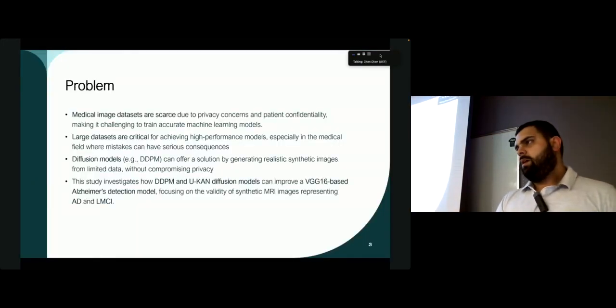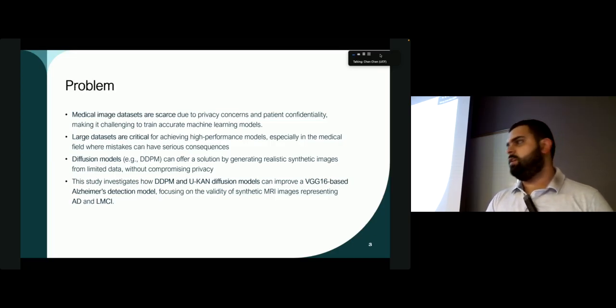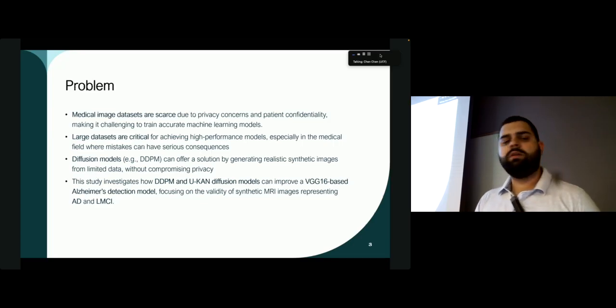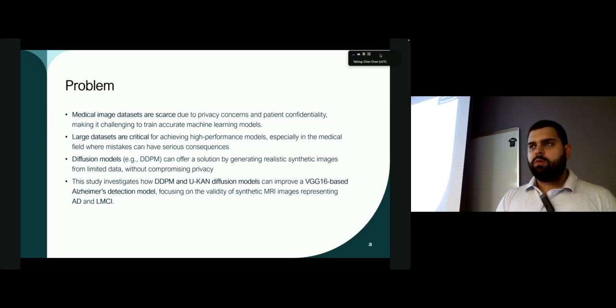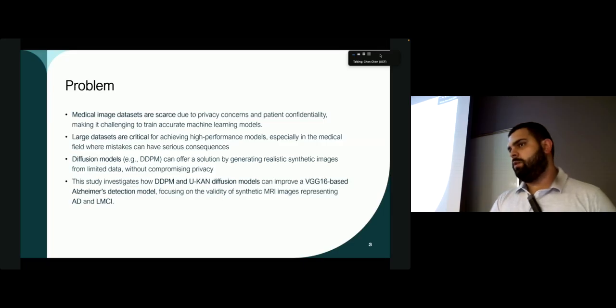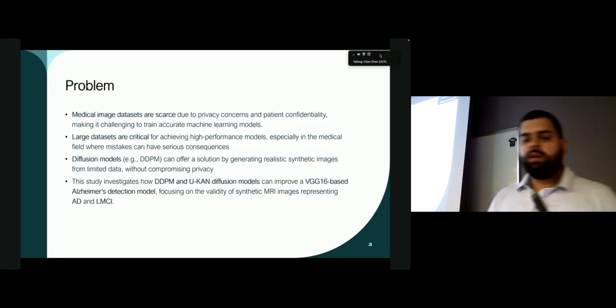So for the problem, the main issue when training medical imaging machine learning models is the lack of good enough data sets, either because of the privacy of the patient or because we simply lack enough information or data. This is really important when it comes to medical imaging machine learning models, because these need to be really accurate so they don't represent any health concern to the patient.